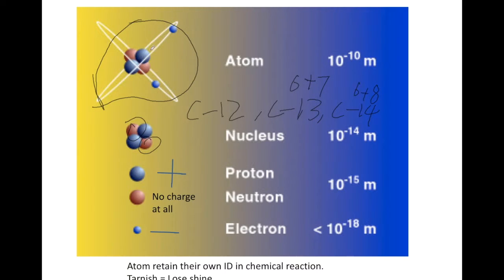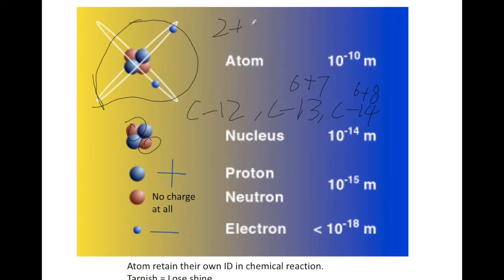In order for an atom to have that, it needs to have the same number of protons and electrons. Take this atom, helium. It has 2 protons. Helium's atomic number is 2. So in the nucleus, the charge is 2 positive. By the way, 2 positive equals positive 2.